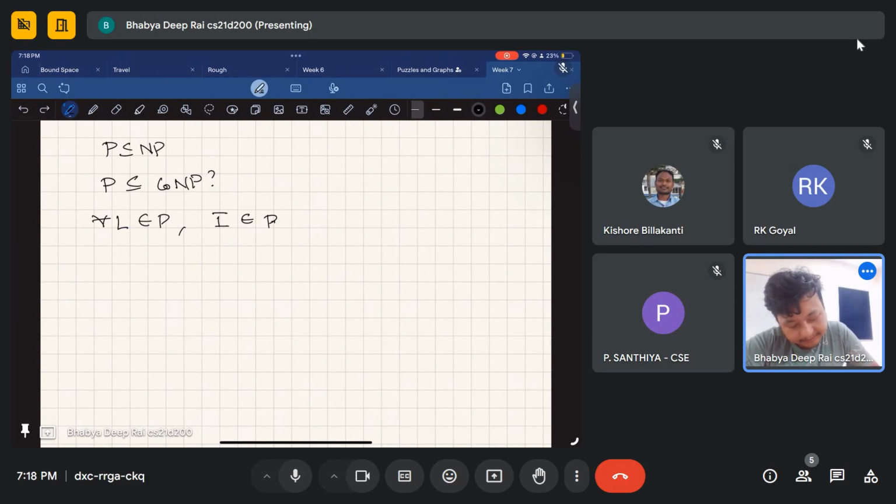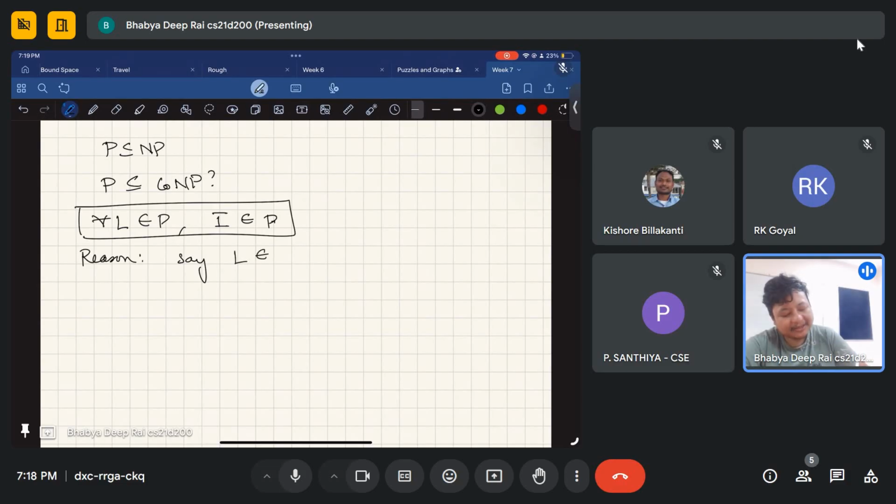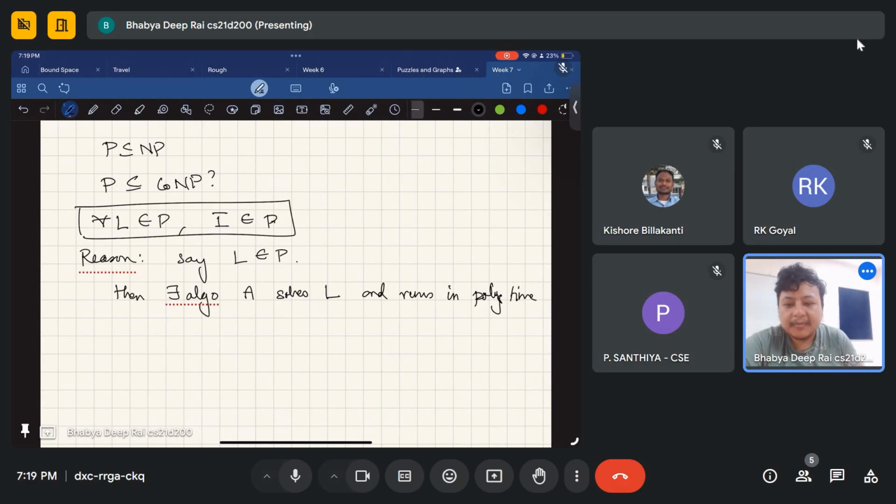So why is P contained in coNP? Reason: say some arbitrary language L is in P. Then there is an algorithm A that solves L and runs in deterministic polynomial time.